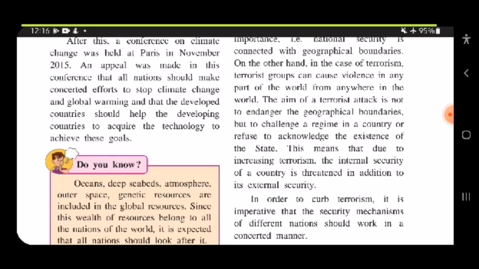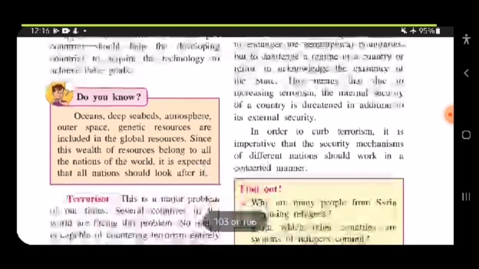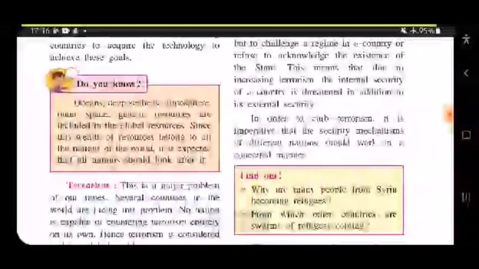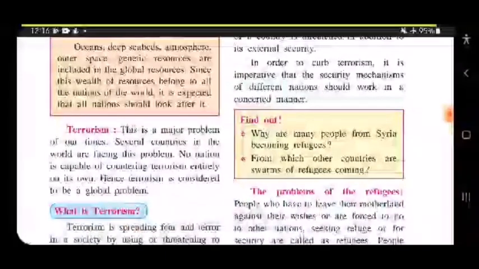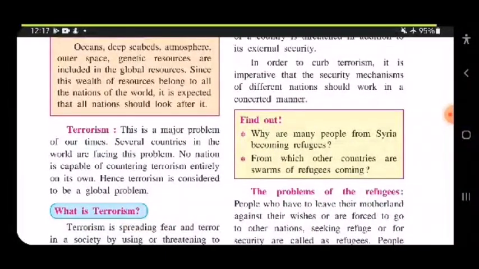Mostly these politicians go into terrorism. Why? Because they want votes. So they threaten people. In order to curb terrorism, it is imperative that the security mechanisms of different nations should work in a concerted manner, so that they make a plan on how to stop this terrorist activity.